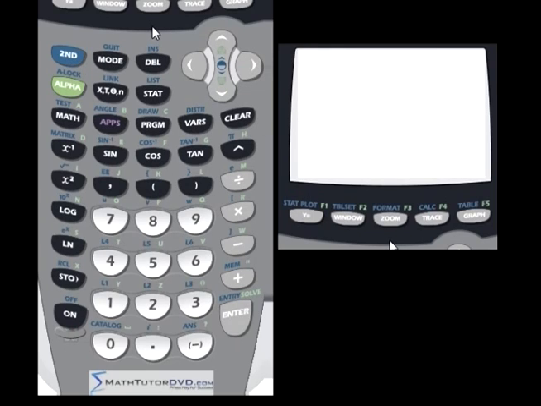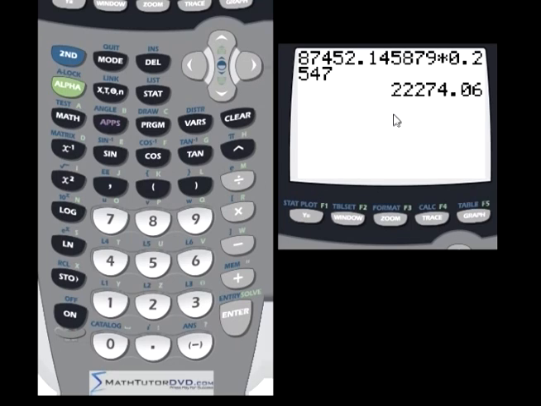Then let's do another crazy multiplication: 87452 decimal 145879 multiplied by 0.2547, let's say. So a really long bunch of decimals. We'll hit enter, and notice what we got.